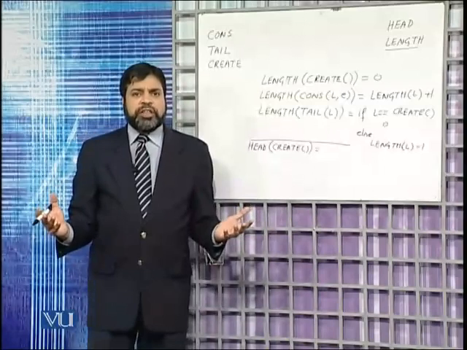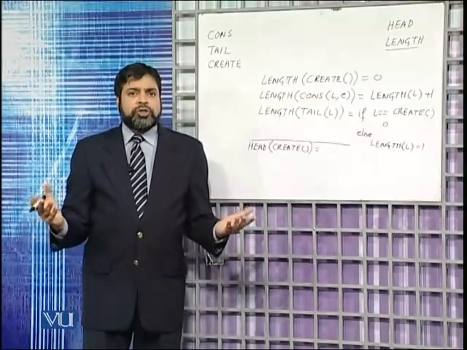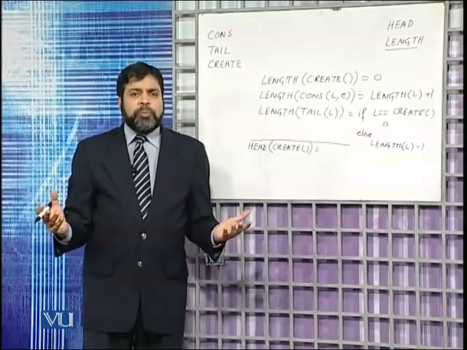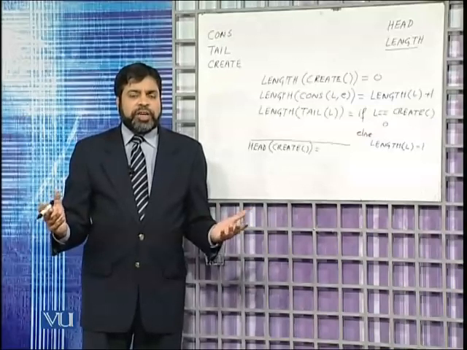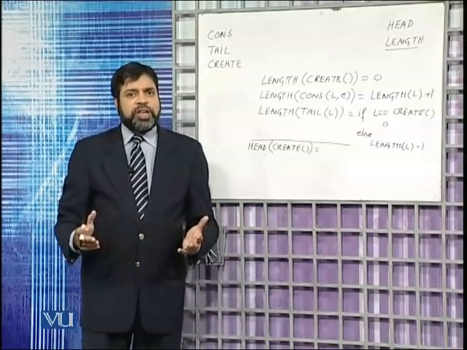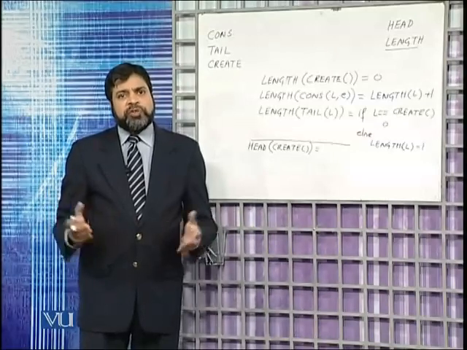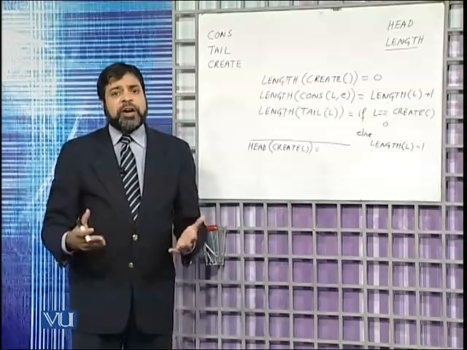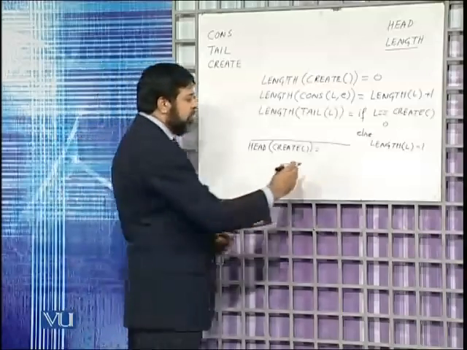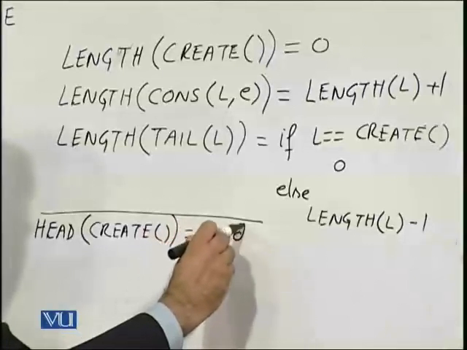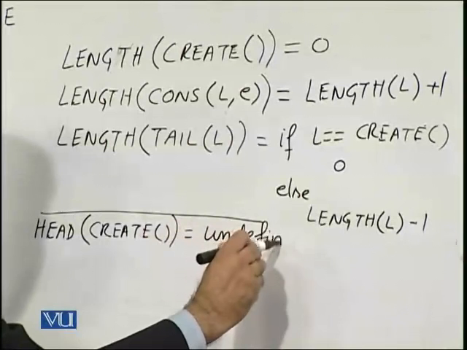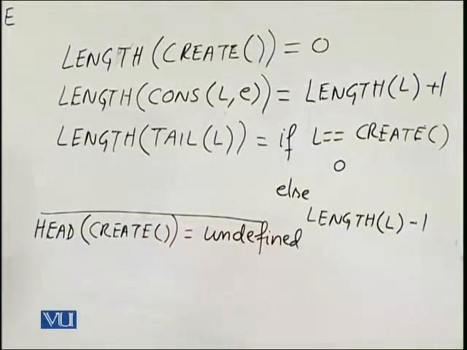There is nothing in that list. So when we try to get the top element from that list, what do we get? Once again, it is the same kind of a problem that we had with the stack. So what we get is an undefined or an error condition. So we write undefined. The value is undefined. It is an error condition.